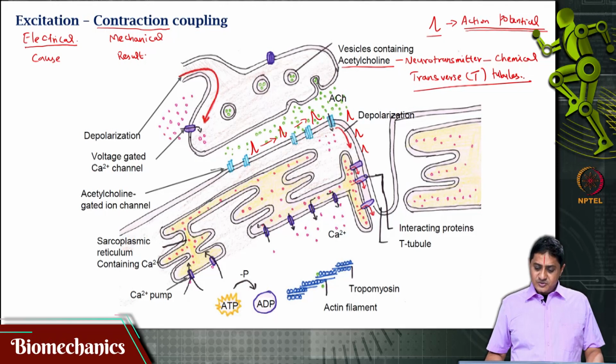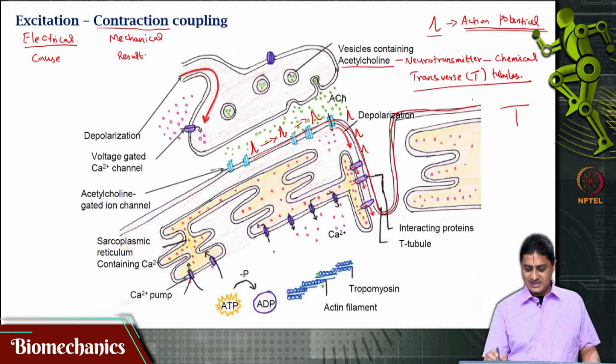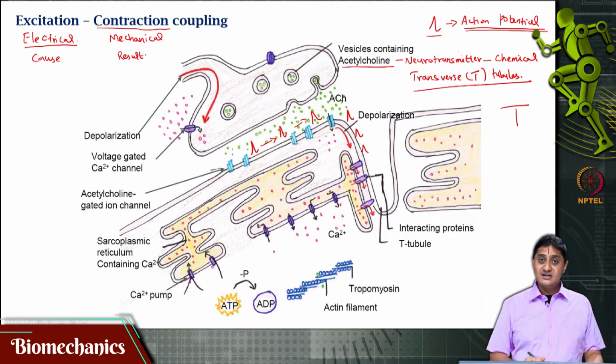These transverse tubules resemble the English capital alphabet T. It goes like this and then takes a dip and then goes back like this. Going forward, I will call this a T tubule.